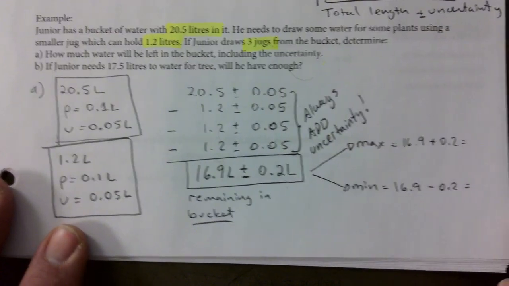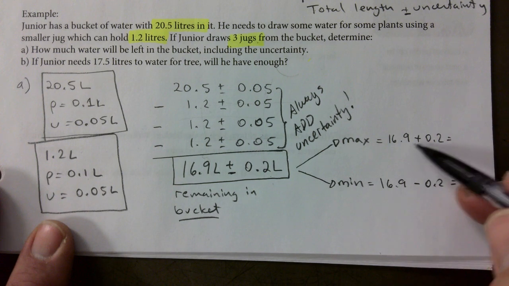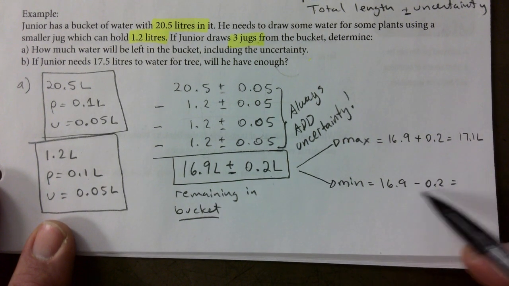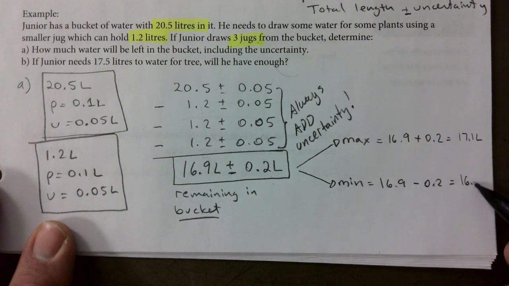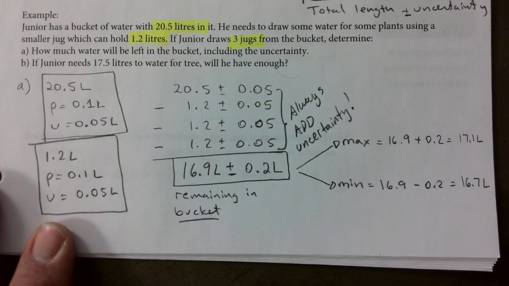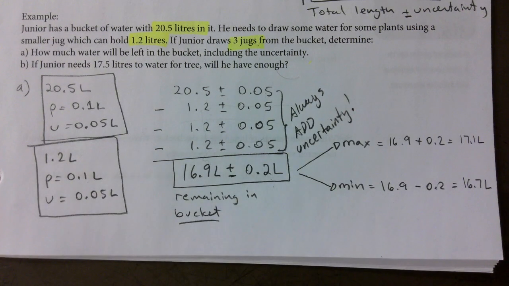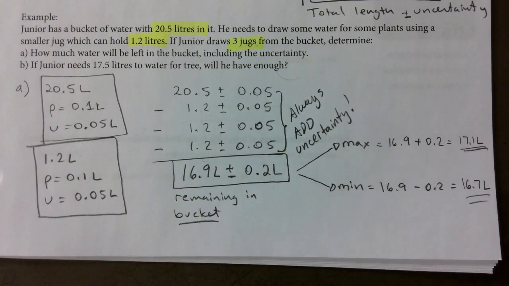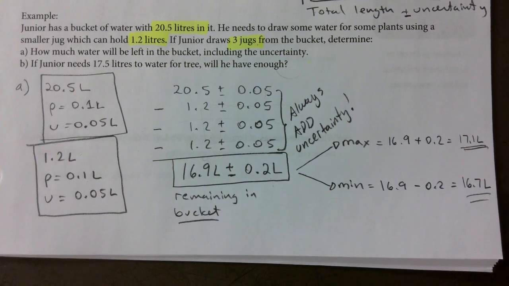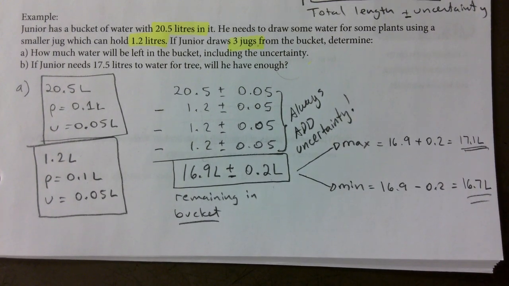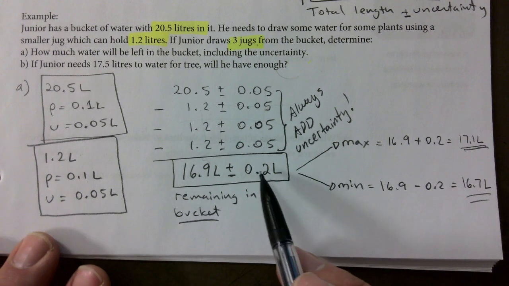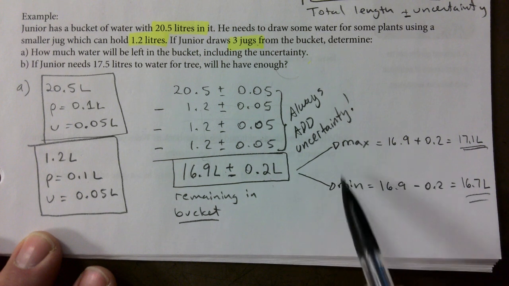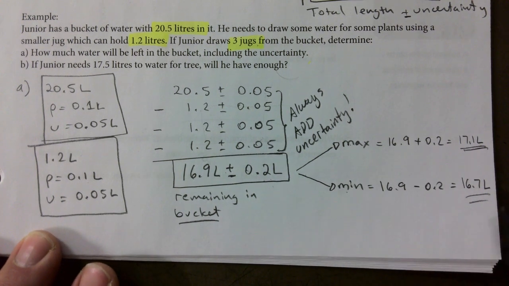Plus, that would be 17.1 liters, and minus would be 16.7 liters. Use your calculator if you're not sure. Don't try to guess and then get it wrong. So when you're stating it like this, you can get the greatest and the lowest amount that is left in the bucket.